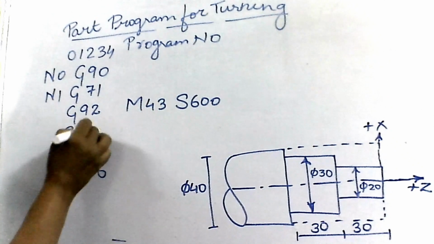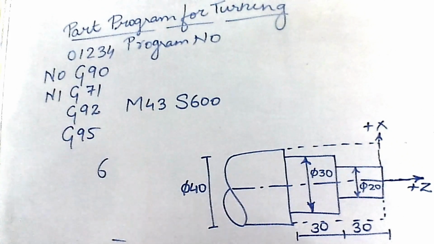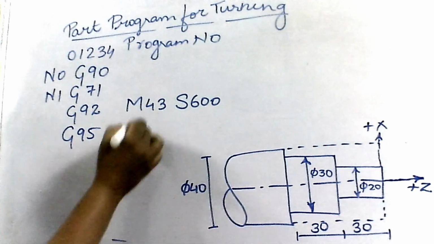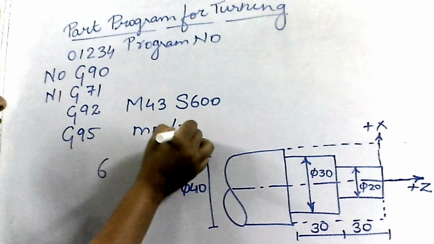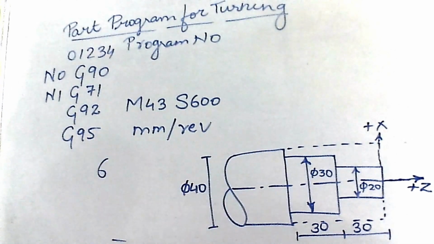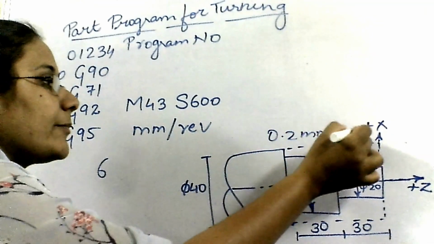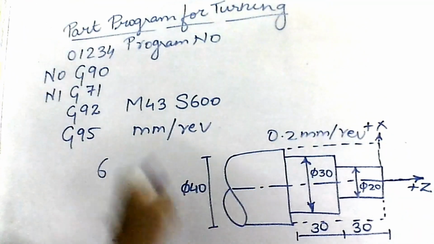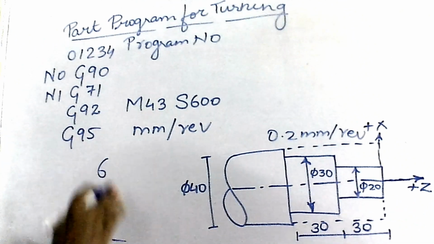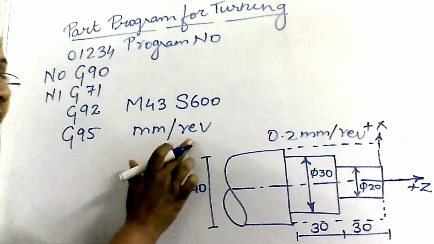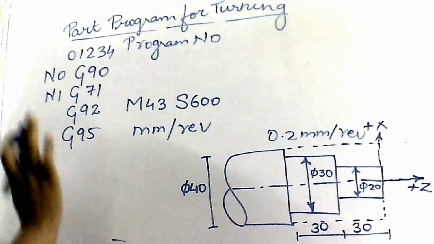After that, the next code used is G95 which indicates feed rate in mm per revolution. Here in the program, the feed rate is given as 0.2 mm per revolution. Since it is mm per revolution, the code used is G95. If it is given in mm per minute, I will be using the code G94.